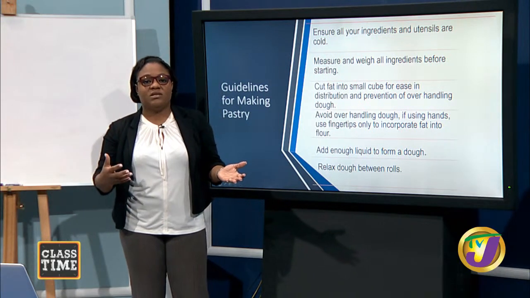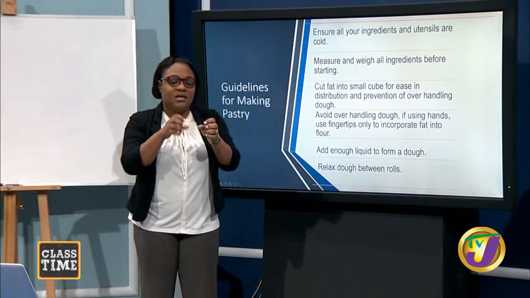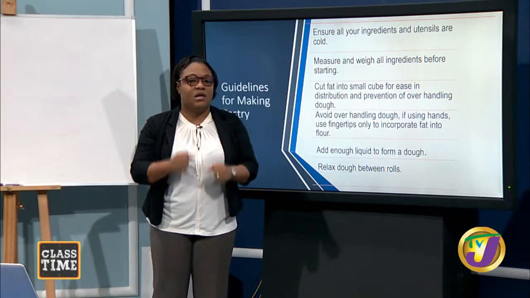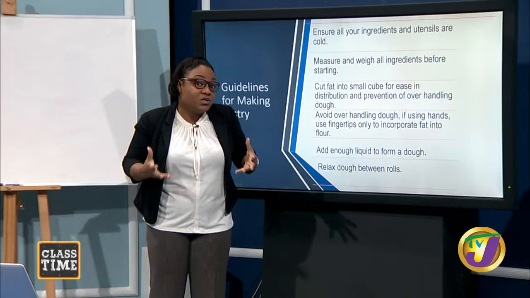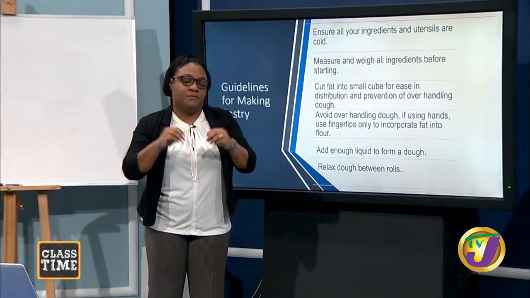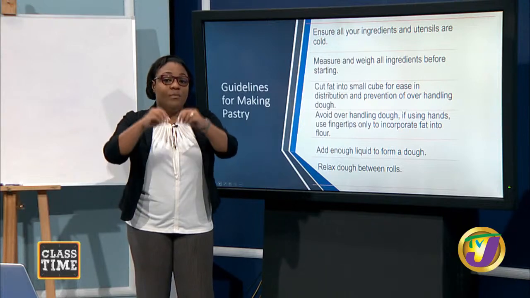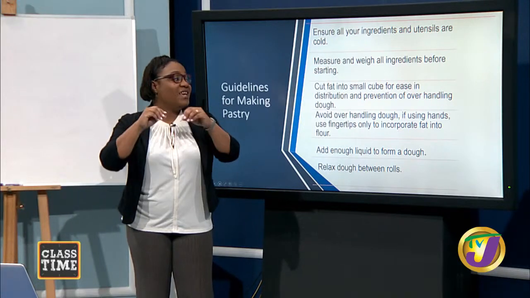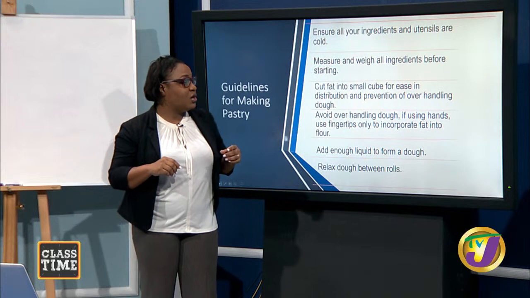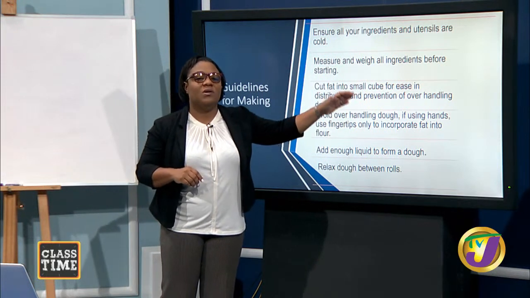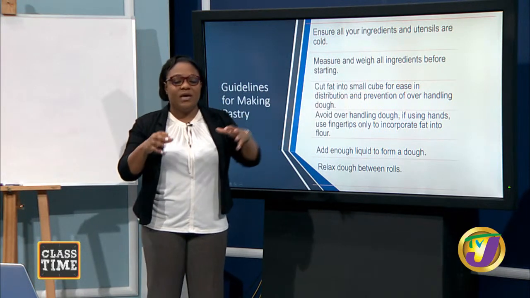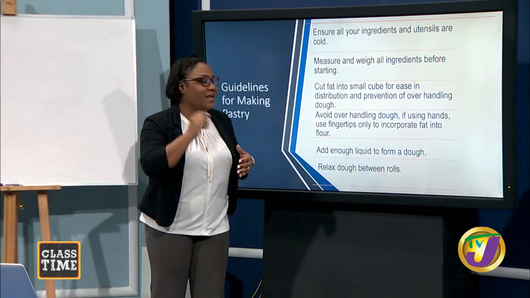They would use a food processor, less time, and it keeps that fat nice and solid and cold. But you can use your hands. You just wouldn't use them as much. You try to limit the number of times you would need to aerate that mixture. And that's why we encourage you to cut it into small cubes. That way you handle the dough less.